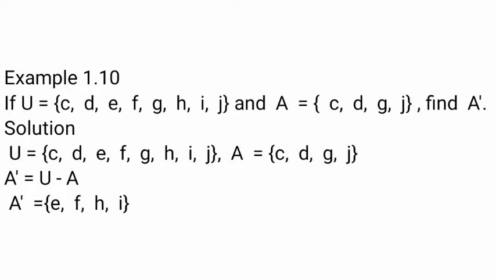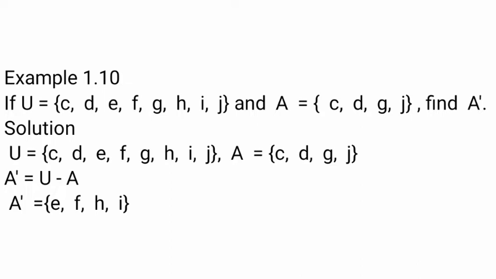That is the complement of set A. Given U equals {c, d, e, f, g, h, i, j} and A equals {c, d, g, j}. What is the formula of A dash? That equals the universal set difference A.